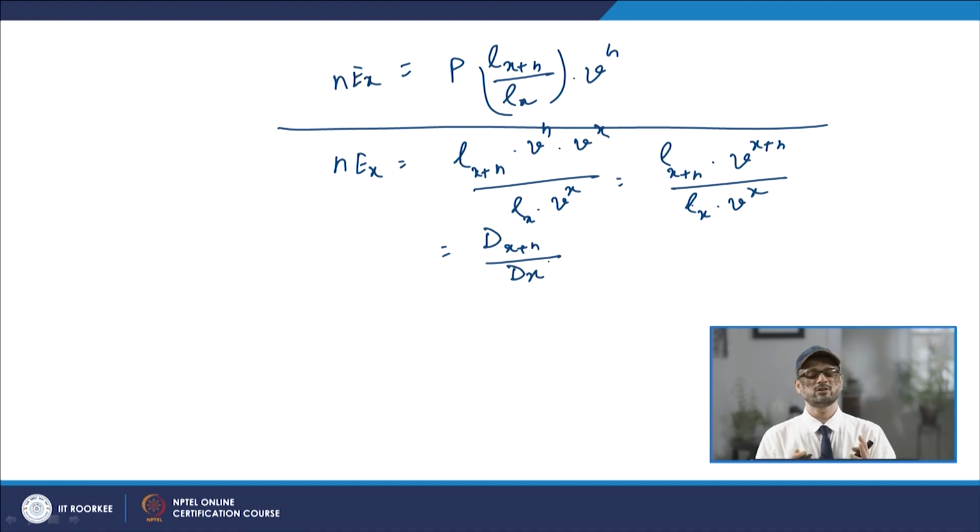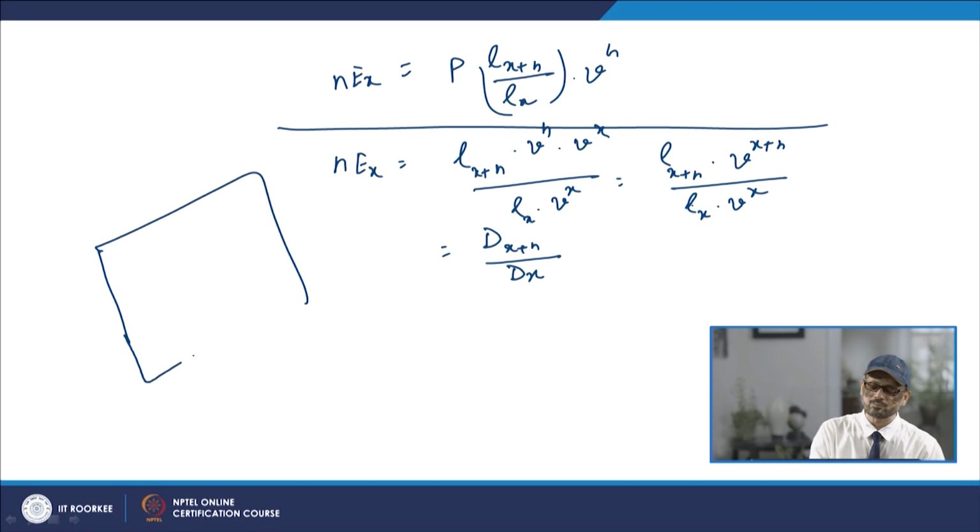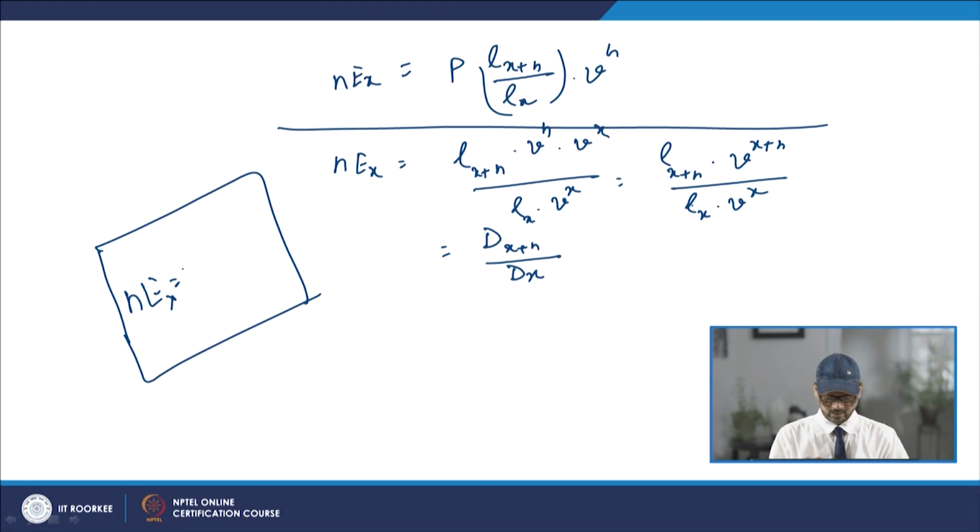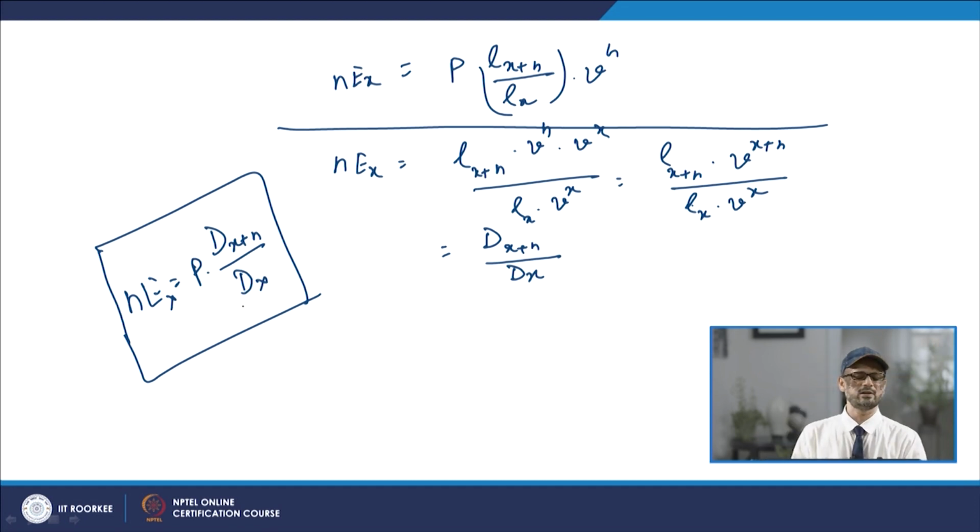So for the actual payment P, nEx will be P into D(x+n) divided by Dx. At any point of time, if you have to calculate this nEx, it will be P times D(x+n) divided by Dx, which you refer to from the table, and you can find the value of nEx.